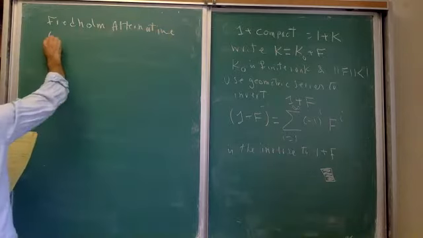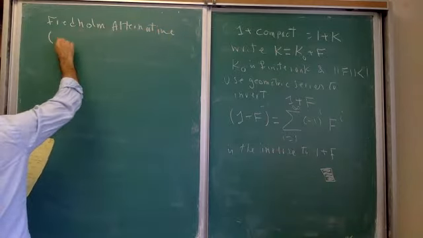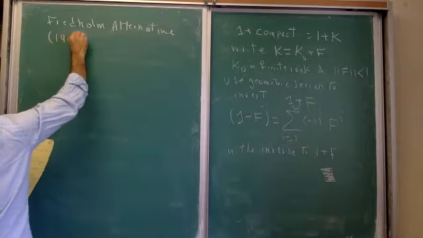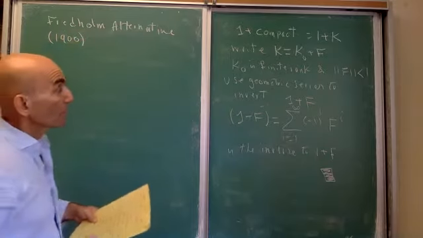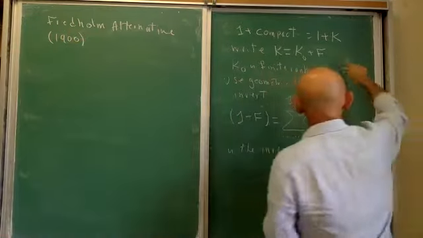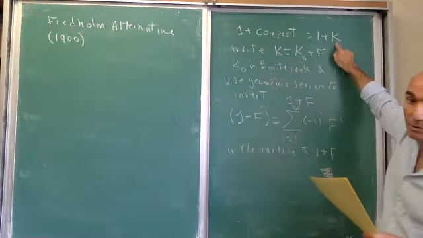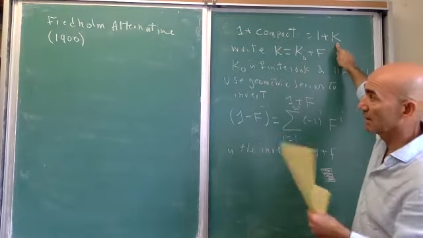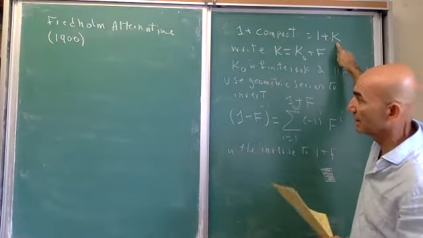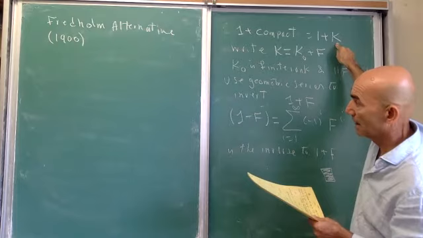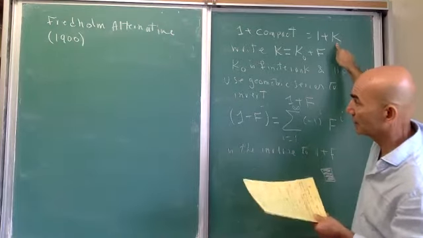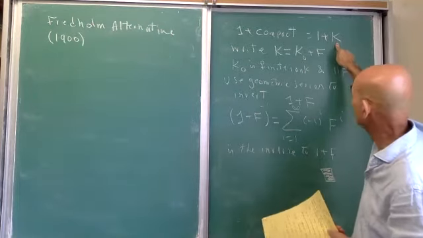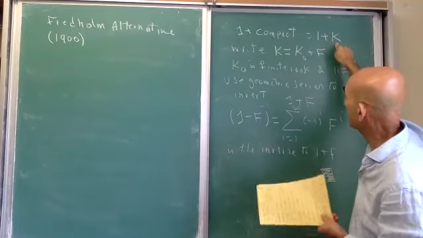This goes back to Fredholm himself, 1900. He worked with the case where K is a compact operator defined as an integral operator. He and others were really only interested in integral operators, which are compact operators, then 1 plus integral operators, things like that, and eigenvalues of those.